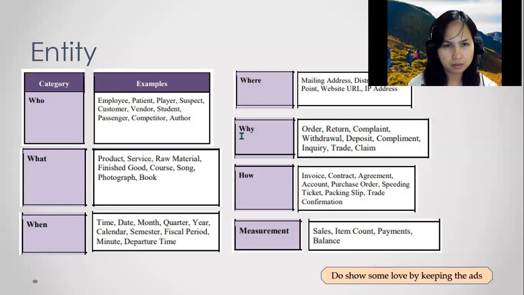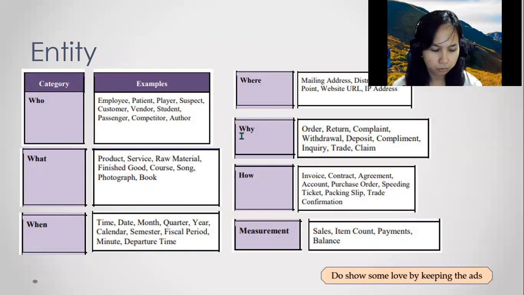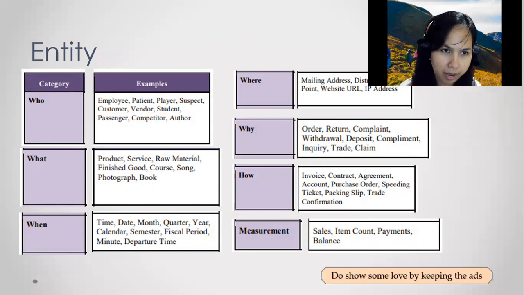We have persons and organizations. They can have multiple roles and can be included in multiple parties. So what examples do we have on the screen? We have the employee, payment, player, or suspect, even customer, vendor, student, passenger, competitor, and author.